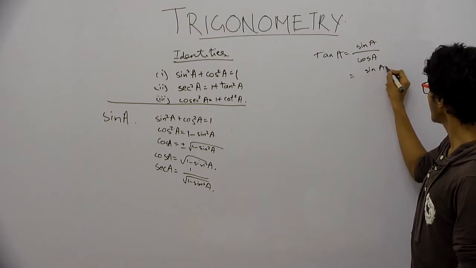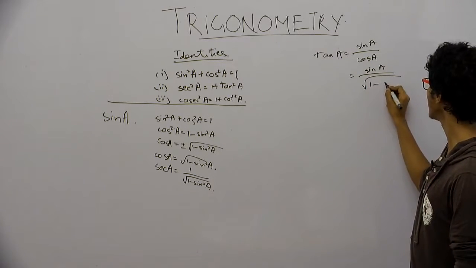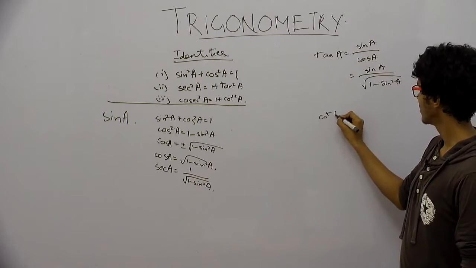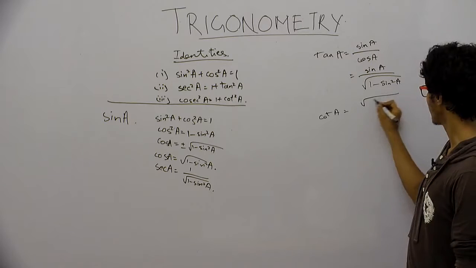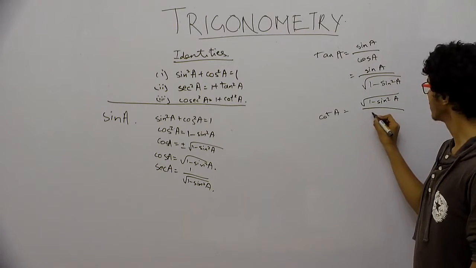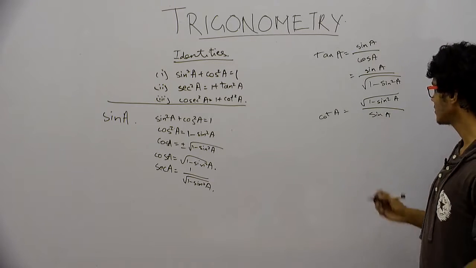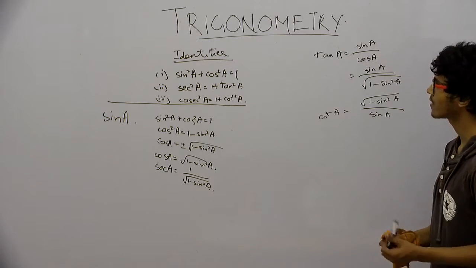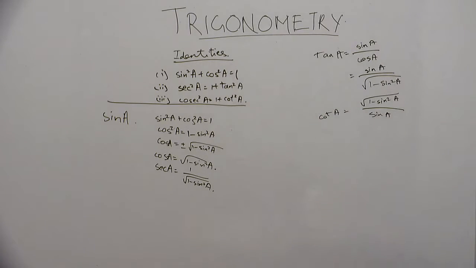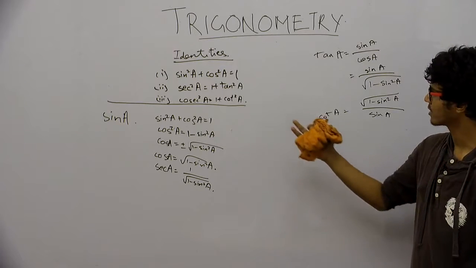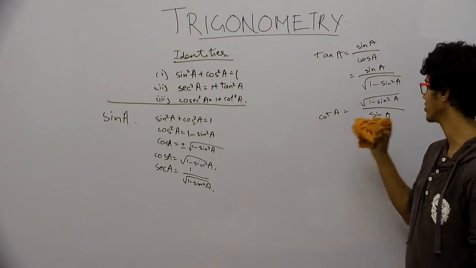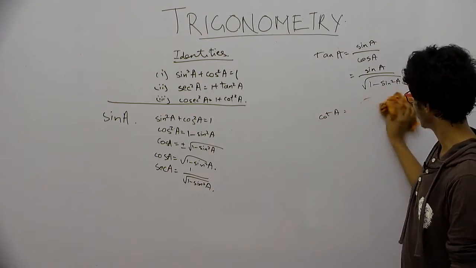We get sine A divided by root over of 1 minus sine square A. Cot A is just the reciprocal of tan A, so we get root over of 1 minus sine square A divided by sine A. Alright? We can do this for any of the 6 ratios and find what we want for all the ratios. Okay, let's do some other examples.